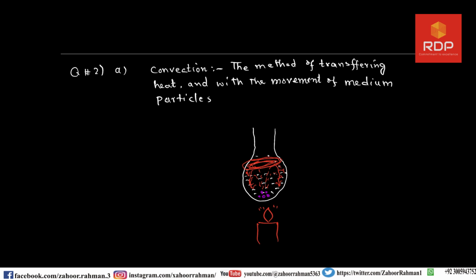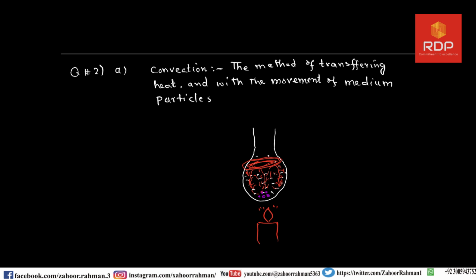Again they are getting kinetic energy from the Bunsen burner heat and that is moving, and this constitutes the convection current.